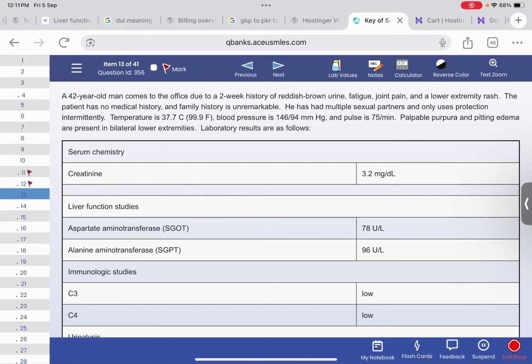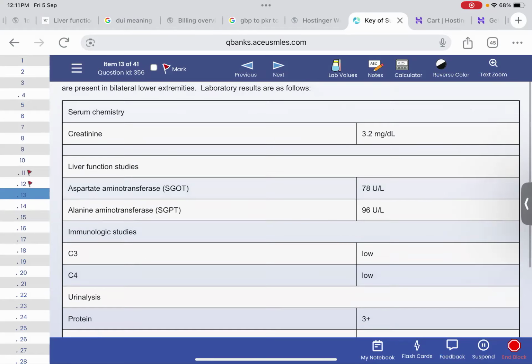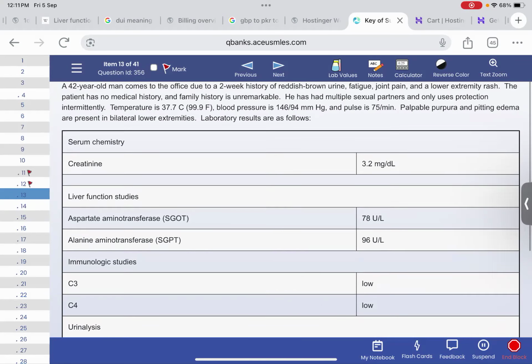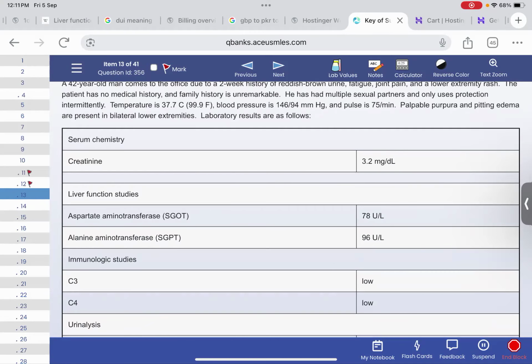A 42-year-old man comes to the office due to a 2-week history of reddish brown urine, fatigue, joint pain, and a lower extremity rash. The patient has no medical history and family history is unremarkable. He has had multiple sexual partners and only uses protection intermittently. Temperature is 37.7 Celsius, blood pressure is 146/94, and pulse is 75.